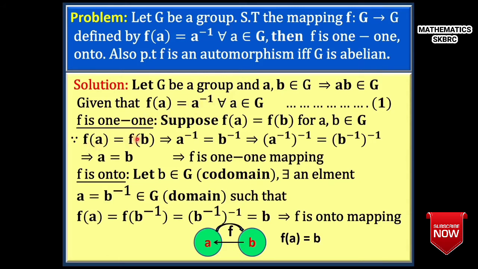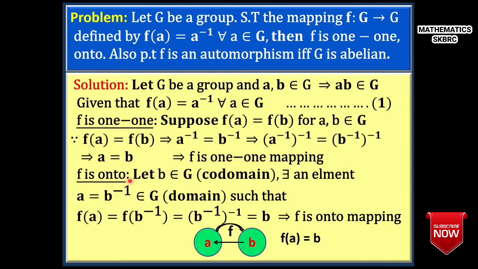Since f of a is equal to f of b gives a inverse equal to b inverse, that gives (a inverse) whole inverse is equal to (b inverse) whole inverse. (a inverse) whole inverse is a, (b inverse) whole inverse is b. Therefore, f of a is equal to f of b gives a is equal to b. That gives f is a 1-1 mapping.